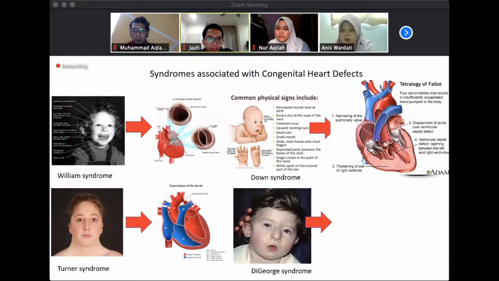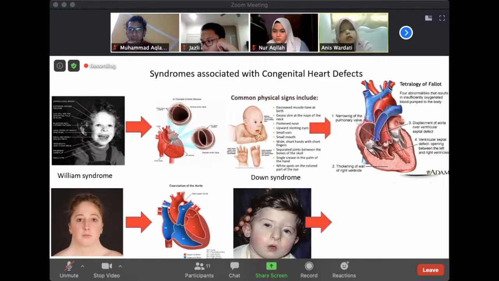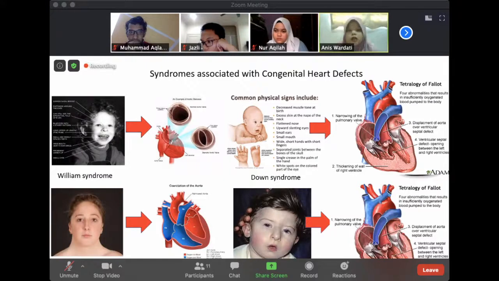So for DiGeorge syndrome, basically it is due to a microdeletion of part of the long arm of chromosome 22. The features of DiGeorge syndrome you can remember from the mnemonic CATCH 22.